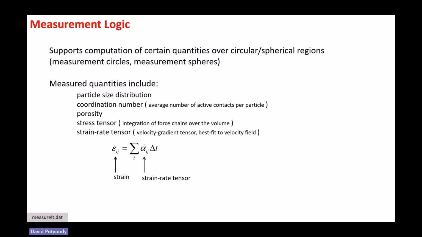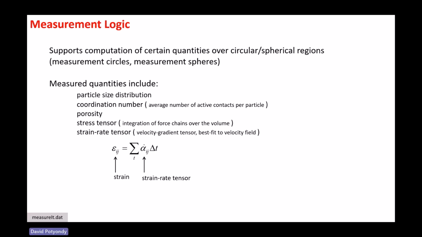So particle size distribution, coordination number, which is average number of active contacts per particle, right? Porosity, what's the porosity in that spherical region? And then you can also measure the equivalent stress tensor that corresponds to that set of force chains in that volume. You can do some fancy mathematics on those force chains, and you can turn that into an equivalent stress tensor within that region, okay?